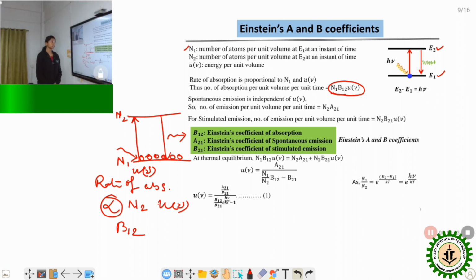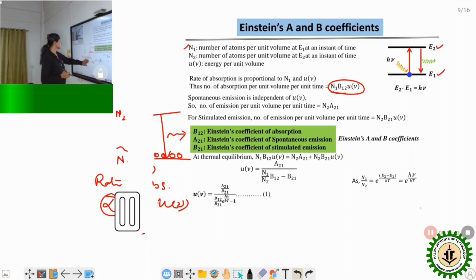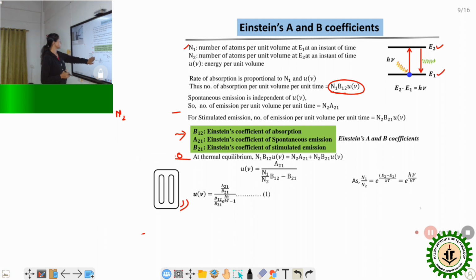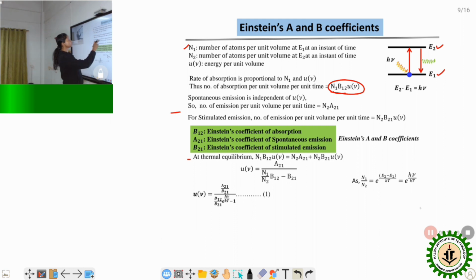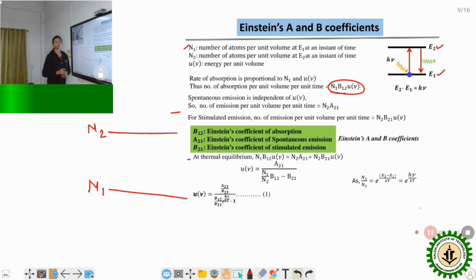Now we also need to find out the number of atoms for the spontaneous emission and for the stimulated emission. For the case of spontaneous emission, it depends on the number of atoms which are at the excited state. If I again draw it, this is N2 and this is N1.